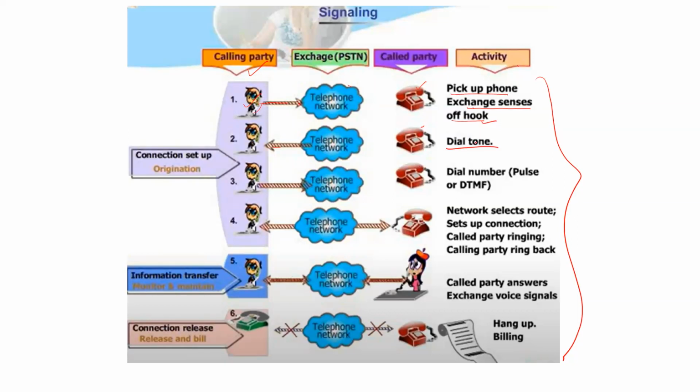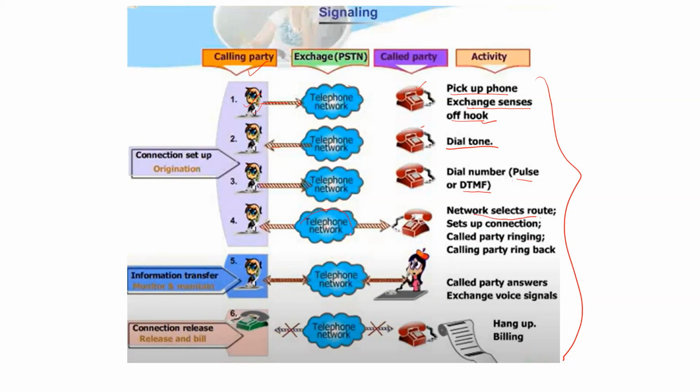When we hear the dial tone, we dial our number. So in the third step, this person will dial the number, either in pulse or in DTMF. In the fourth step, the network will collect the number. The network selects the route to the subscriber, sets up the connection, called party ringing, calling party ring back.